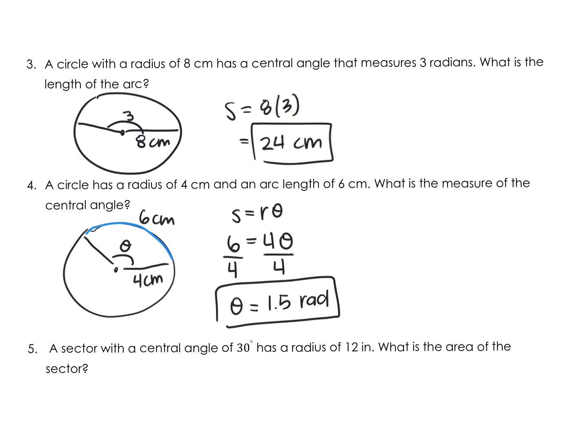If I wanted it in degrees, I would take 1.5 and multiply by 180 over pi, which is roughly 85.9 degrees.